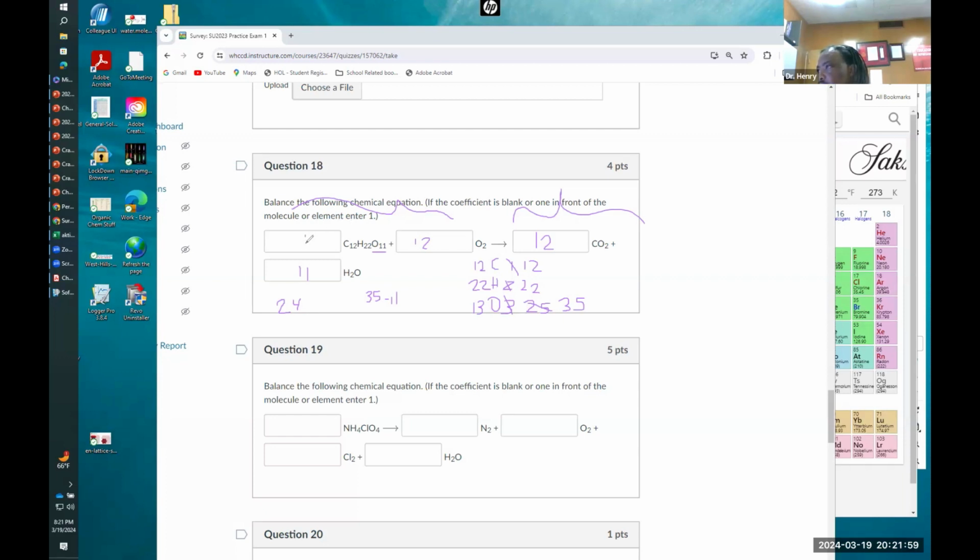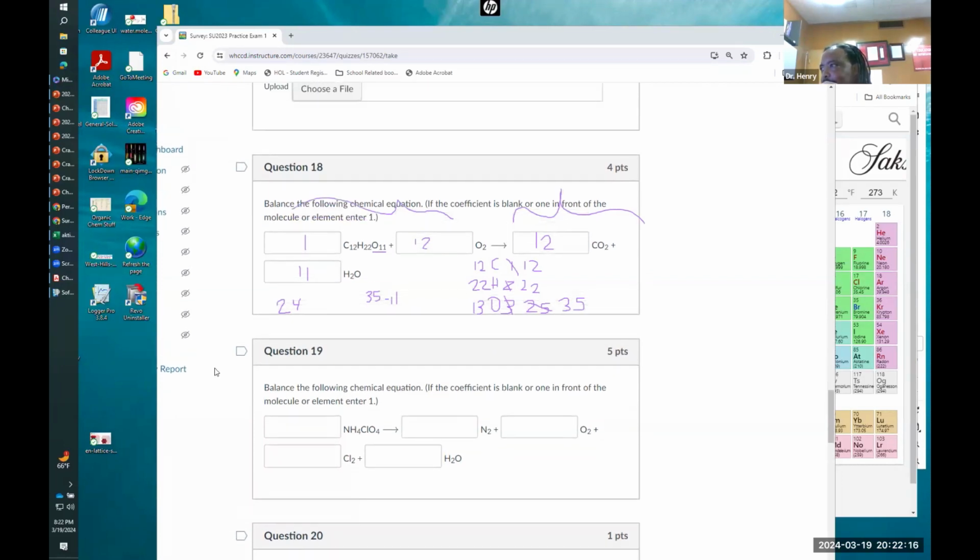And then I'm going to put a 1 here because even though normally we don't put a 1 there, we need to put a 1 here so it lets me know that there's 1, because otherwise it'll screw up. So one of the bad things about using Canvas for exams. Okay, so that would be our answer. So it'll be 1, 12, 12, 11.